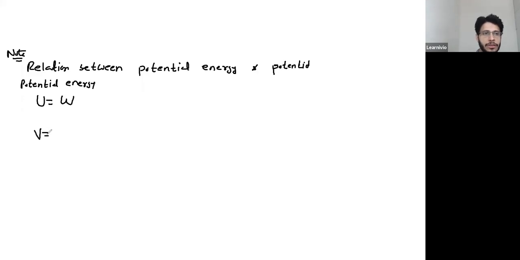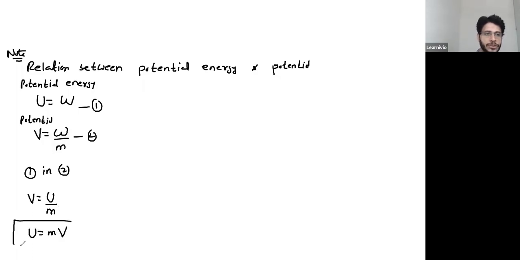But potential is work done divided by mass. This is potential. So you can easily relate them. This is the definition of potential energy that we did, and this is the definition of potential. You can easily substitute 1 in 2. When you substitute 1 in 2, V comes out to be U by M. Or you can write that your potential energy is mass into potential. So that's the relation between potential energy and potential: potential energy is mass into potential. Second last topic, that's escape velocity.